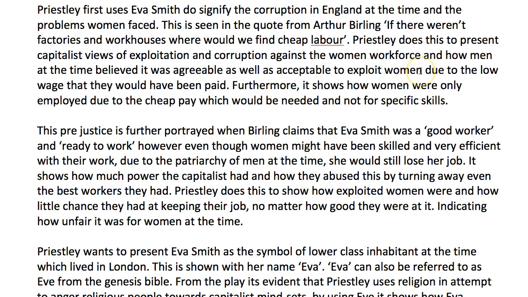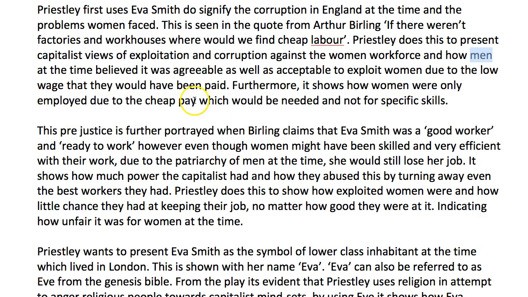So this is starting to be a reasonably sophisticated point, but we're not just talking about any men, presumably, exploiting women here. We're talking about capitalist businessmen, or the aristocracy, due to the low wage that they would have been paid. Furthermore, it shows how women were only employed due to the cheap pay.